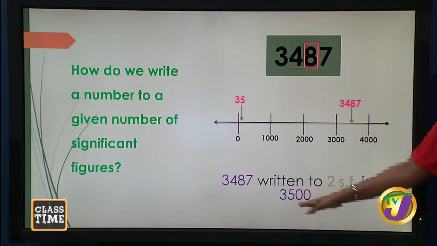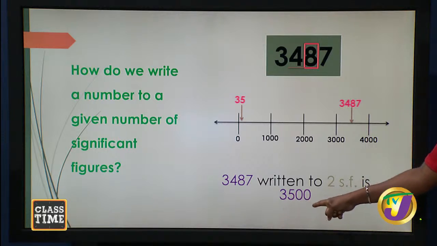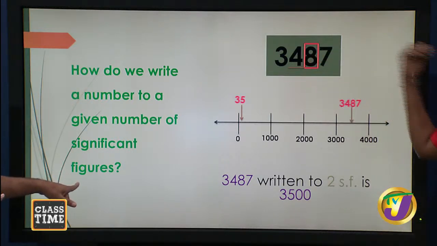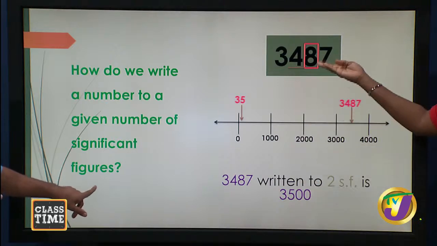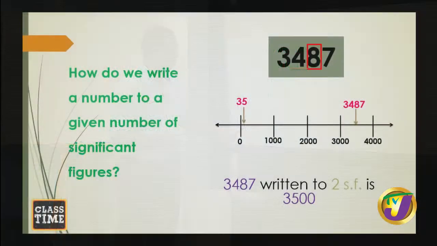So now 3,487 written to two significant figures is 3,500. Let's evaluate that and see how close it is to our original. Would it be acceptable? Yes, definitely, because this is now closer to 3,487 than 35 going forward.